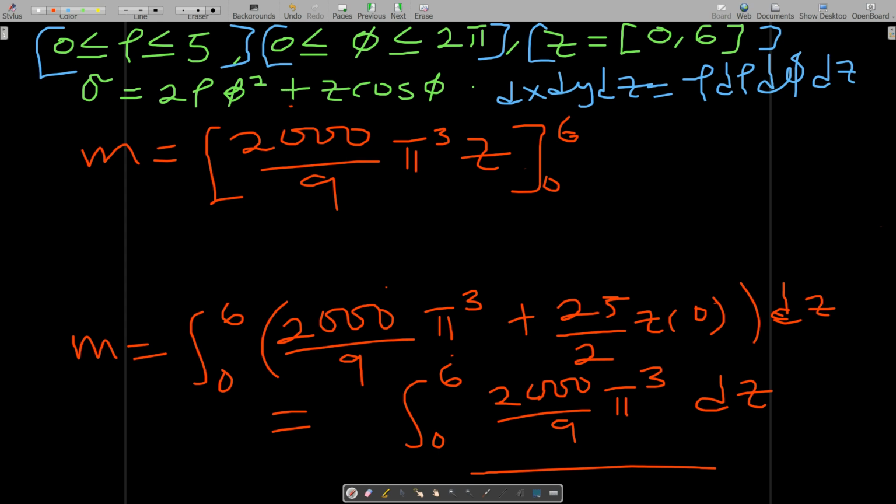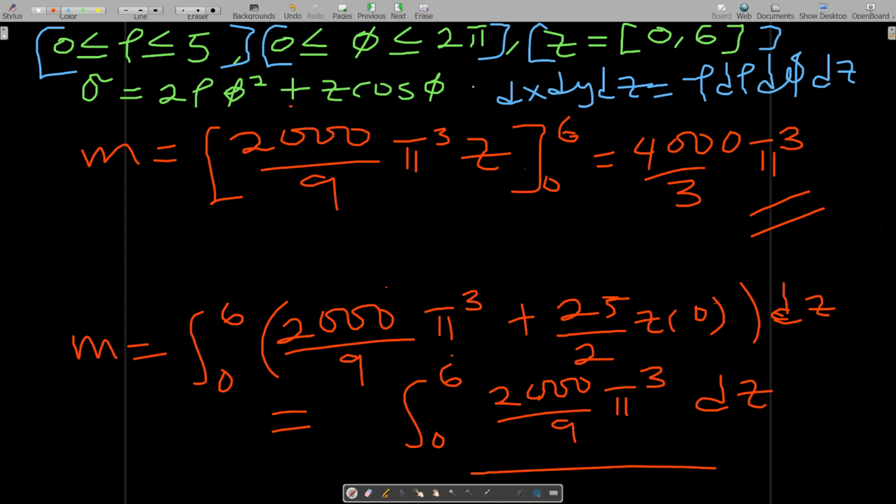Now if I put 6 in, it becomes 6 times that. So it becomes 6 times 2000 over 9 times pi cubed, and that gives me 4000 over 3 pi cubed. And this is your final answer for the mass of the cylinder having these dimensions.